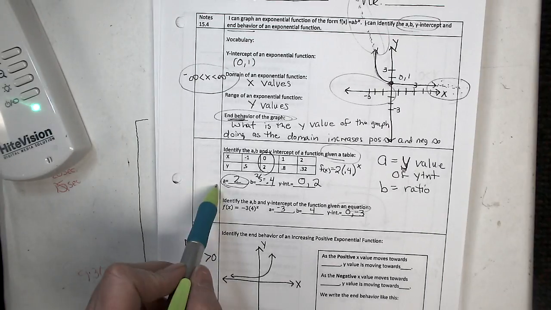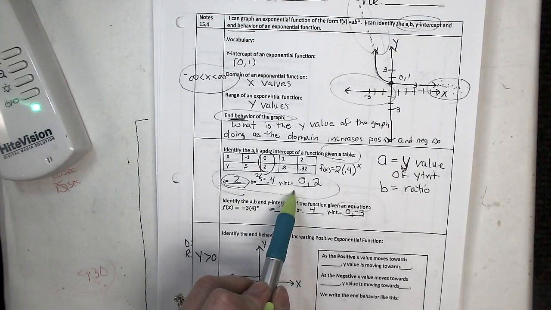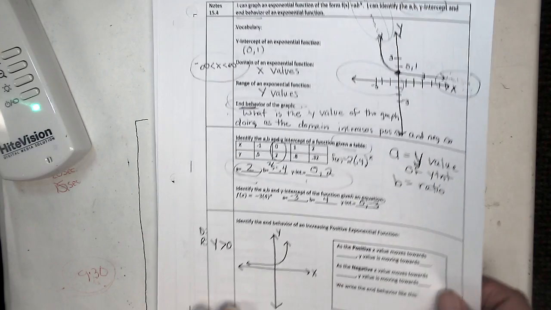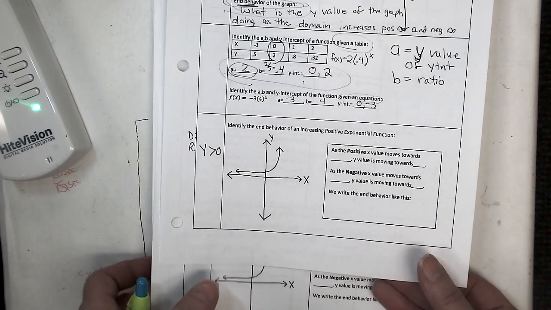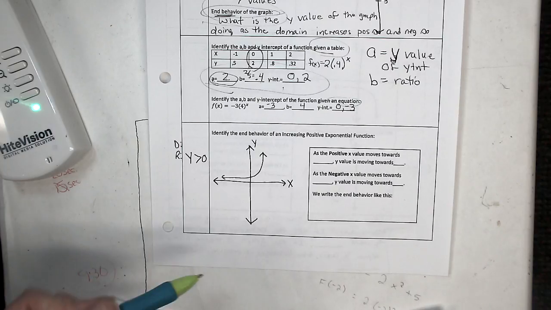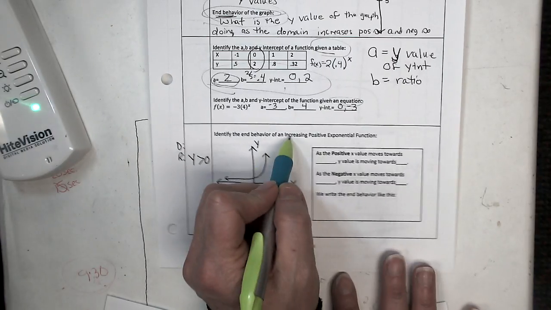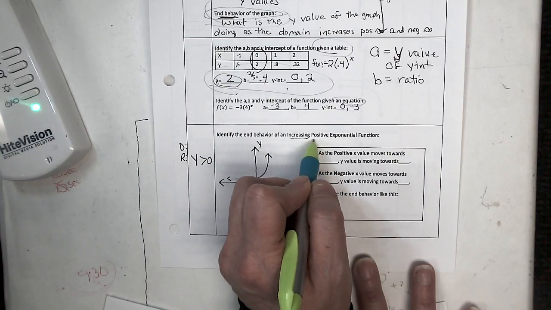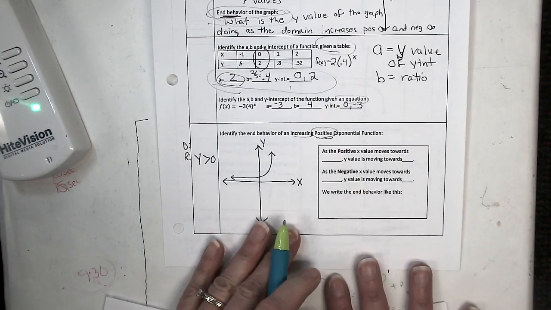So if you look right here, I'm going to move this out. The end behavior, we are going to identify it according to if the exponential function is increasing with a positive. So I want you to look at this because I want to show you something. If it's increasing, it's a positive exponential function, does it ever go below the x-axis?